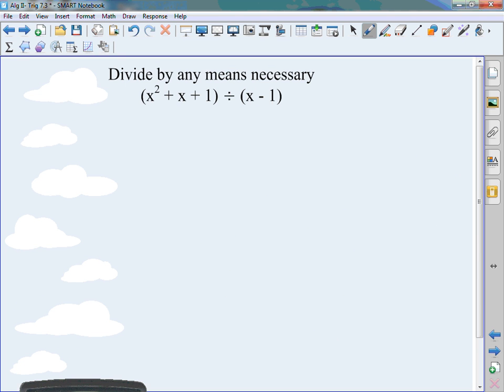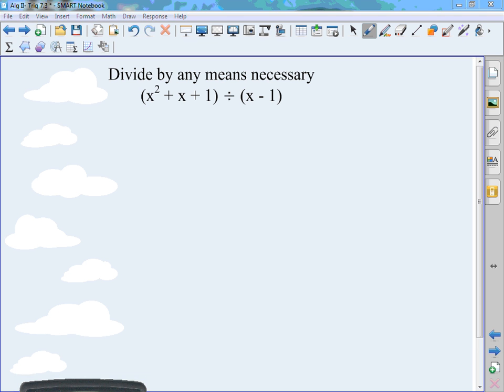Here, let's try another one. Synthetic division's a lot faster if it's in the form of x minus r. I have x squared plus x plus 1 divided by x minus 1. It has to be x minus something or x plus something.